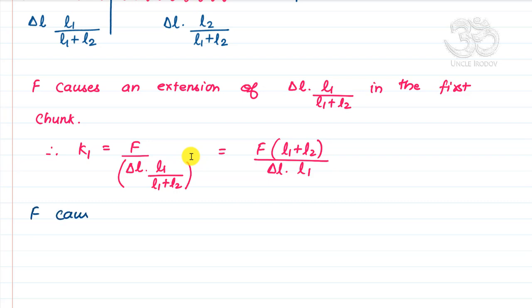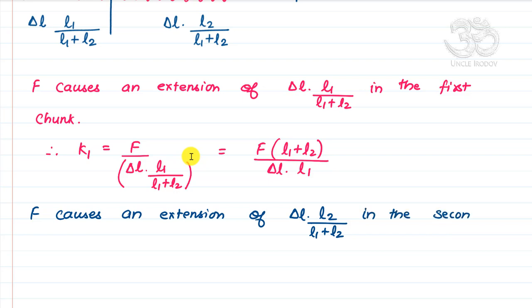F causes an extension of delta L times L2 by L1 plus L2 in the second chunk.